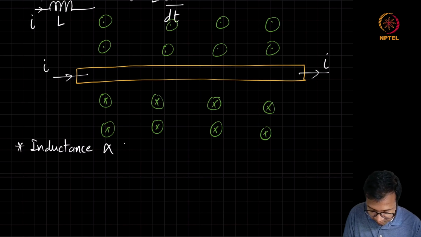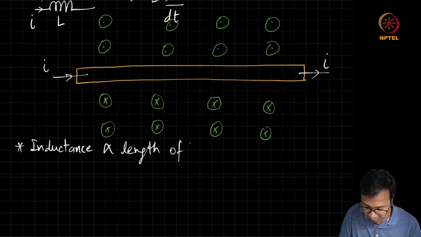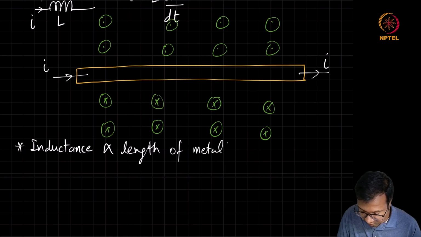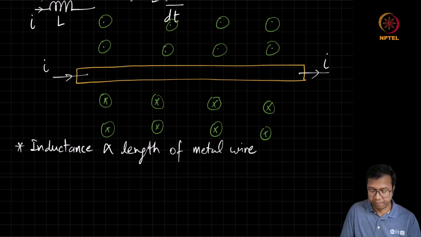Inductance is going to be proportional to the length of metal, say metal wire or metal routing.